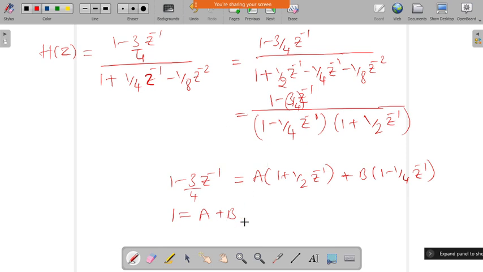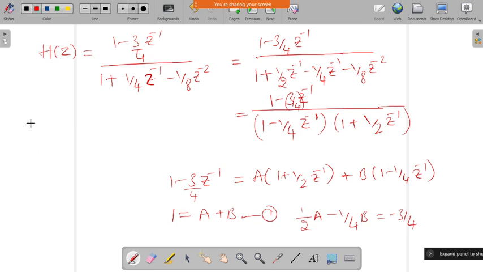So the corresponding A and B values: A plus B is equal to 1, this is one equation, and half A minus 1 by 4 B is equal to minus 3 by 4. So these are the two equations. Find the values of A and B.